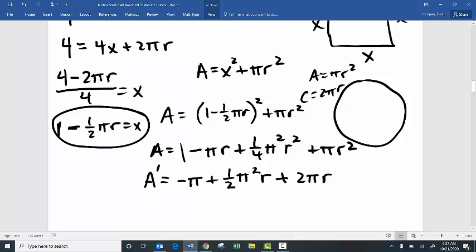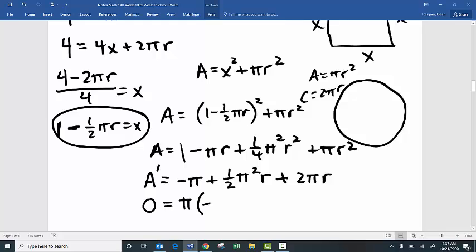Okay? All right, so now in order to figure out your r, and you're going to get probably a weird equation for this, what you're going to do is probably factor a pi out. That's probably what I would do first. Set it equal to 0.